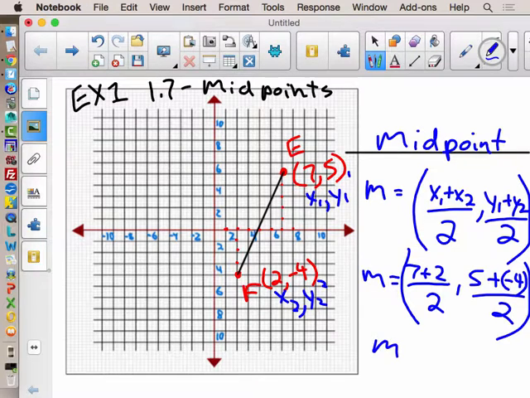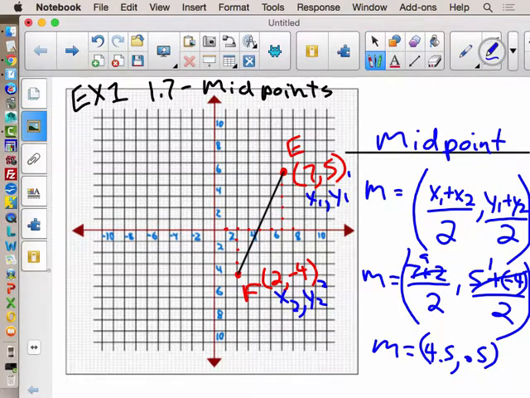So then my midpoint should occur at 7 plus 2 is 9, or 9 halves, which is really 4.5, comma, 5 minus 4 is 1, and 1 divided by 2 is just 0.5.